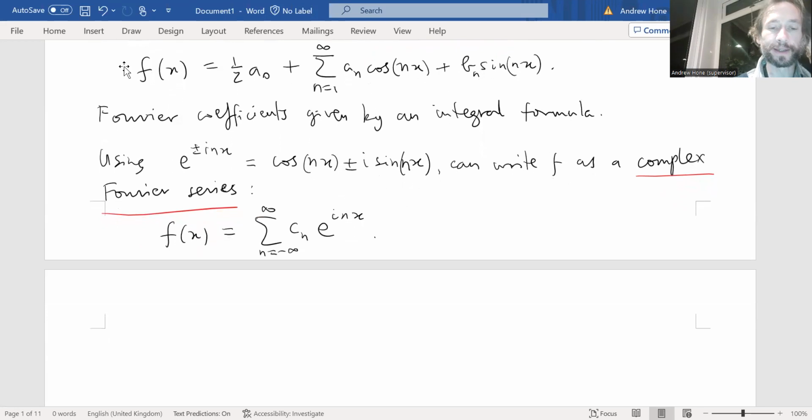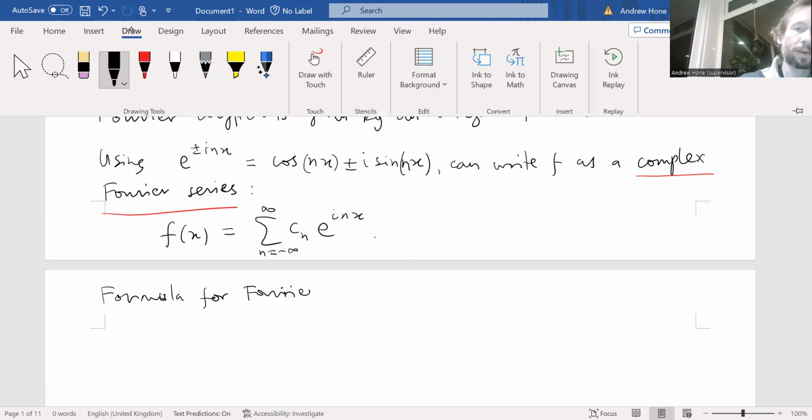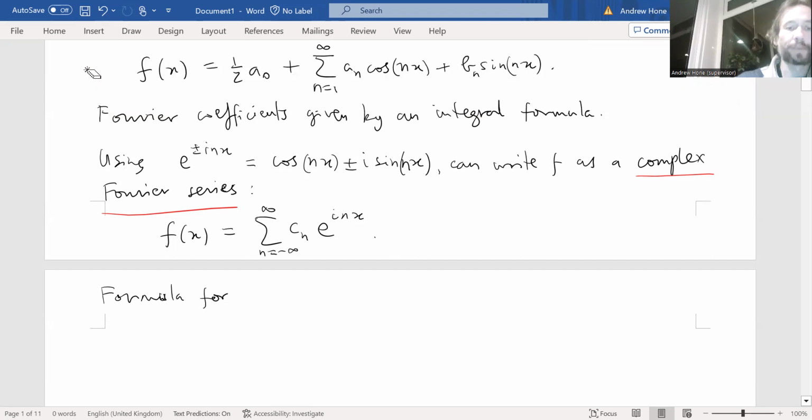So that's one reason why I think it's a superior way to write a Fourier series. But the other thing is that the formula for the Fourier coefficients is a lot simpler, I would say. The point is that there's just one formula.